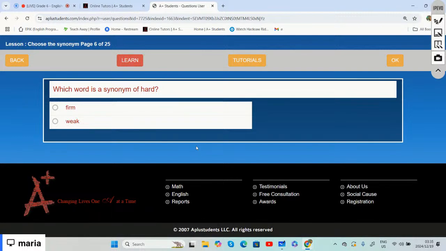All right. What is a word that's the same as or almost the same as hard? Is it firm or is it weak? Something that's hard. Is it firm or weak?